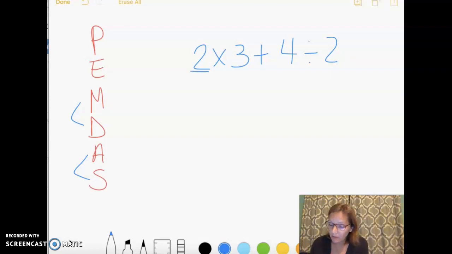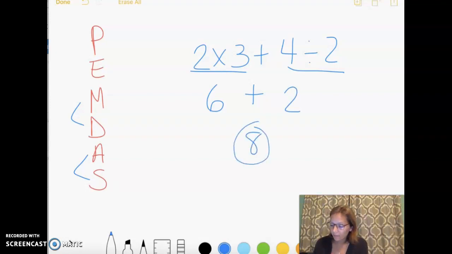That means I've got to do this and this before I can do anything with that plus sign in the middle. So that's what I'm going to do first. 2 times 3 is 6. I'm bringing down the plus. 4 divided by 2 is 2. And now I have 6 plus 2, which is 8. Okay, let's try another one.